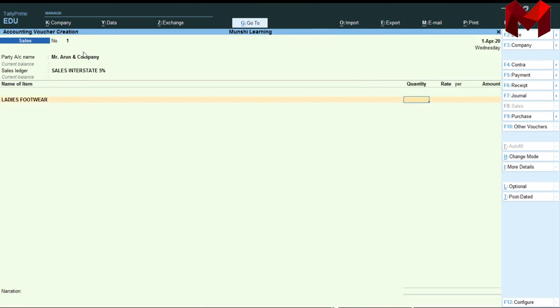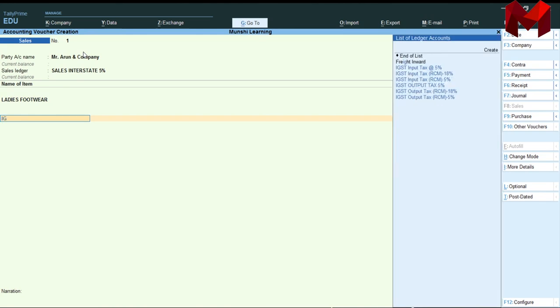It's ladies footwear. Quantity, let's say one, because the credit note is having quantity one and rate 857.16. Let us say that the ladies footwear is of 2000 rupees, against which 857's credit note is going to be issued.